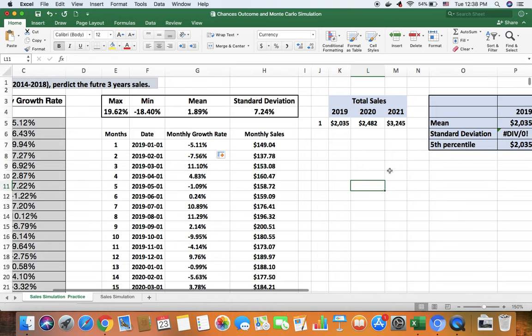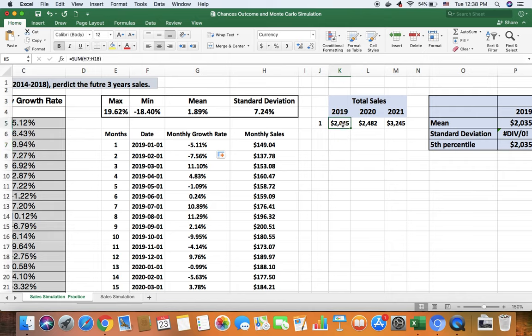Let's do it. We have one scenario, or one sample, here, and we are going to generate 1,000 scenarios, 1,000 different total sales for the future 3 years.